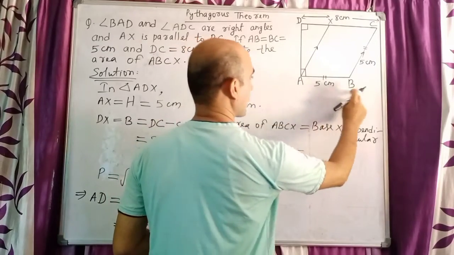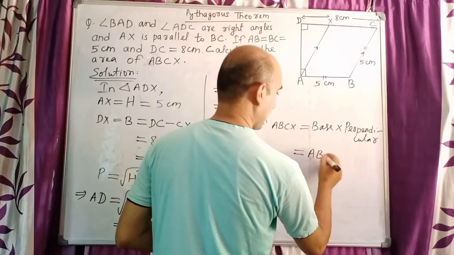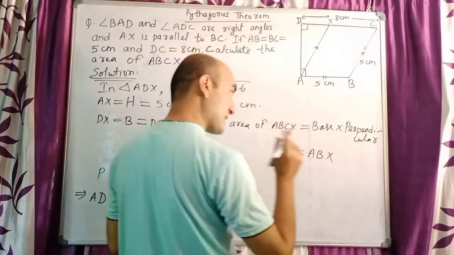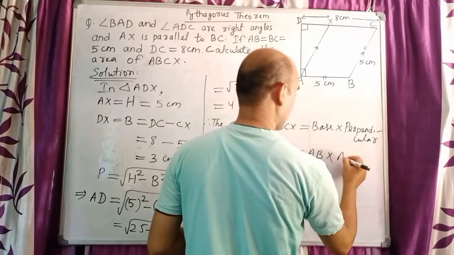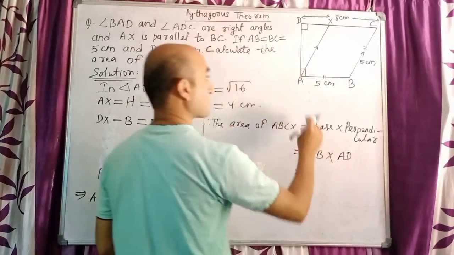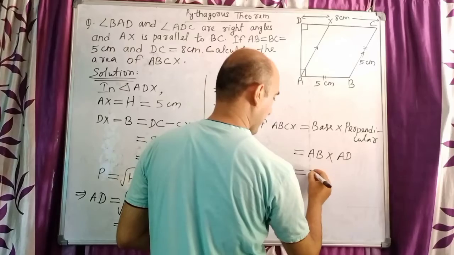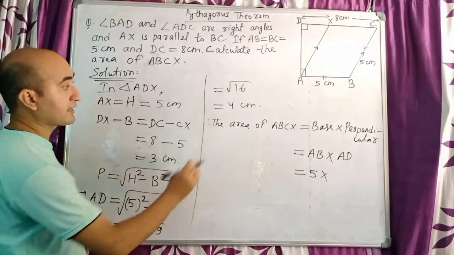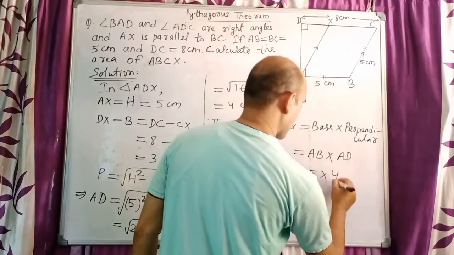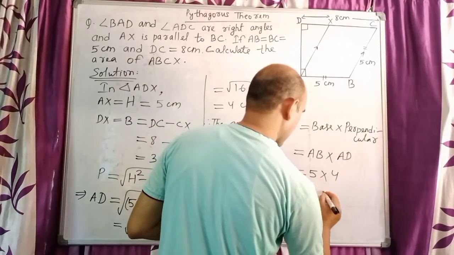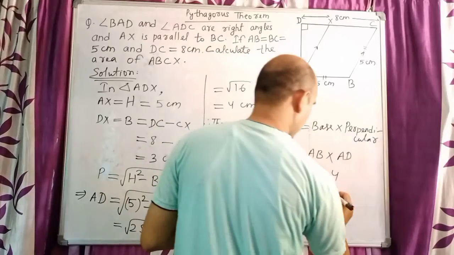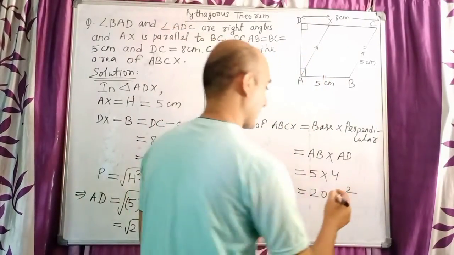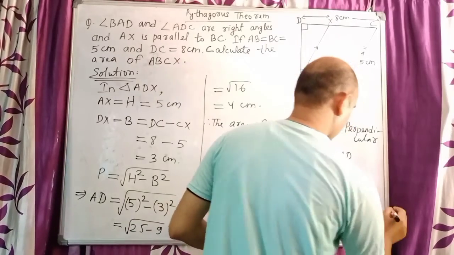My base is AB, so AB into perpendicular AD. It is outside the rhombus, but it is a perpendicular. The AB value is 5, and AD I just got as 4. So 5 into 4 is 20. As all are in centimeter, my area answer will be 20 centimeter square. So this is my answer.